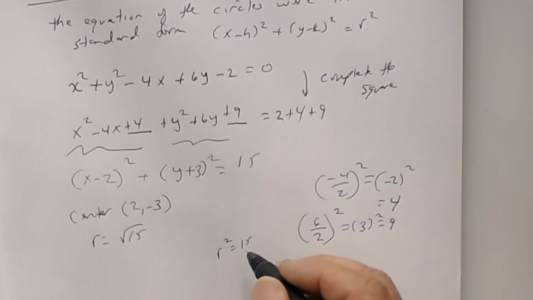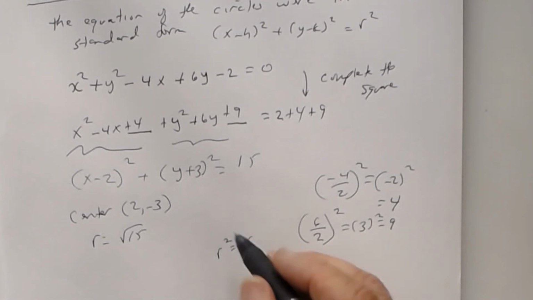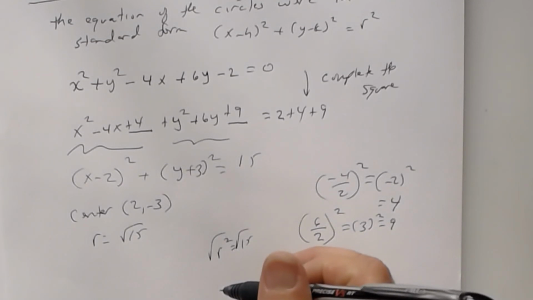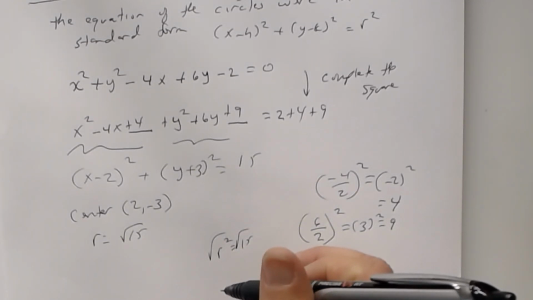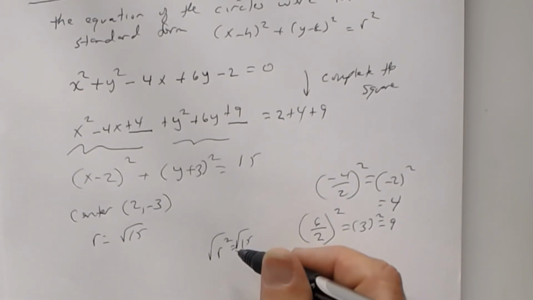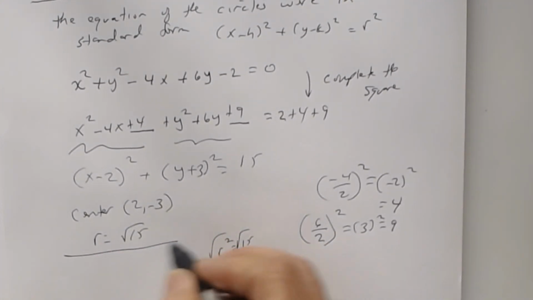So if r² is 15, how do you get r by itself? We did that the other day. You take the square root of both sides. Remember, we also discussed why I don't use a plus or minus: because the radius measures distance. Distance is always what kind of number? Positive. So it's just the positive square root of 15. You're done. That's your answer.